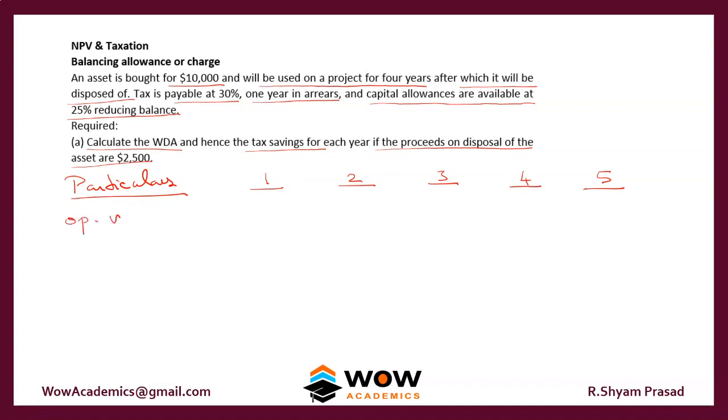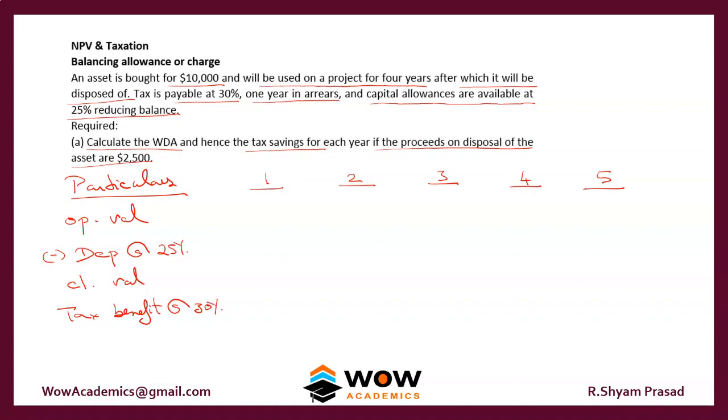So opening value of the asset we have to work out. Then we'll work out the depreciation part. Okay, so the depreciation is at 25% of the opening value. Then we'll get the closing value, and we'll also get the tax benefit. So the tax benefit is at 30%. So that has been given in the problem.